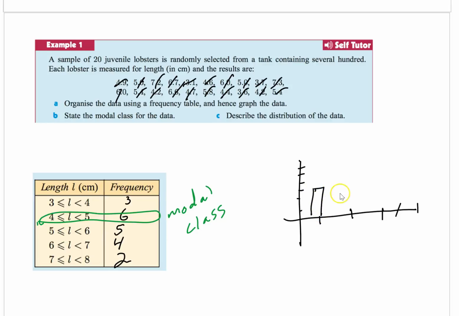This is continuous data, so I should make it all connected, but I'm going to have a hard time doing that. This one goes to 6. I'm going to try and make it all connected. This one goes to 5. So let's go around there. The next one goes to 4. So let's go around there. The next one goes to 2. So essentially that.